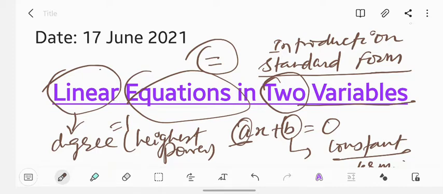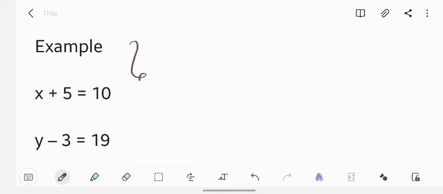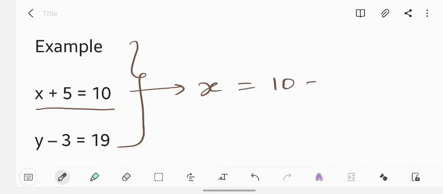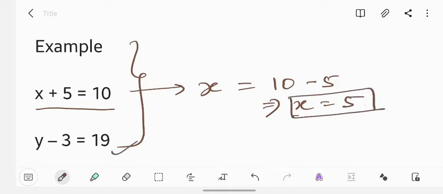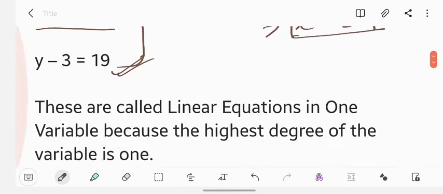Okay, class? Here are some examples of linear equations in one variable, that is x plus 5 equals 10. And to get the value of x, what do you do? You use the transposition method, that is x equals 10 minus 5. That implies x equals 5, right? And for this one, you can try by yourself.